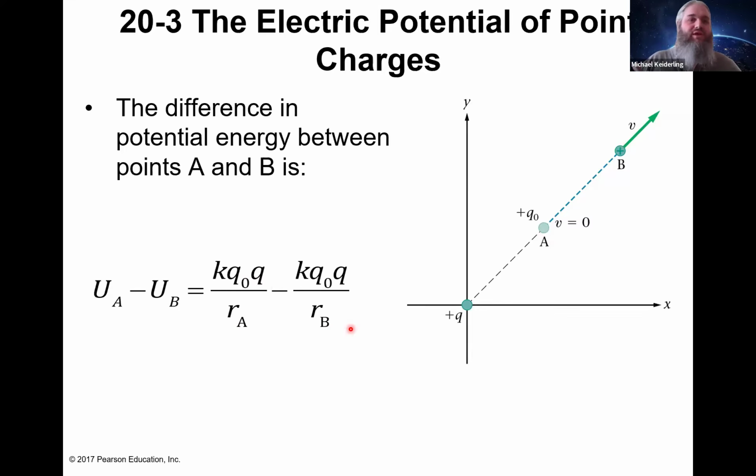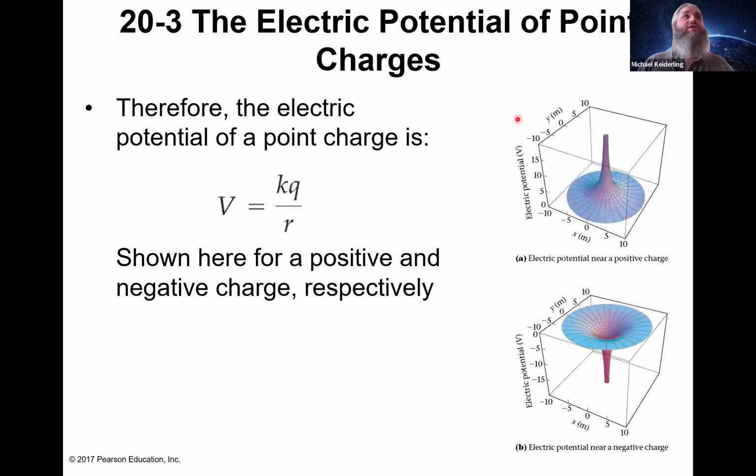From this, we can work out that to get a good difference in potential energy for any point, we can define our potential for a point charge. The electric potential of some point charge V is KQ over R, where we set our 0 point for electric potential to be at the distance of infinity.